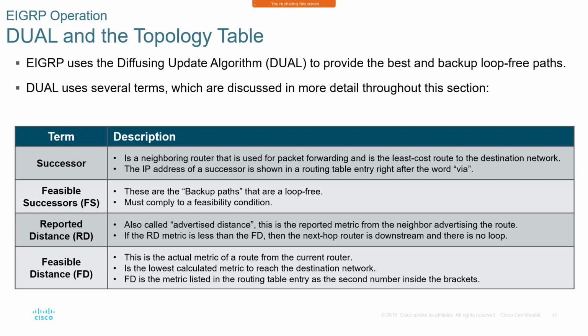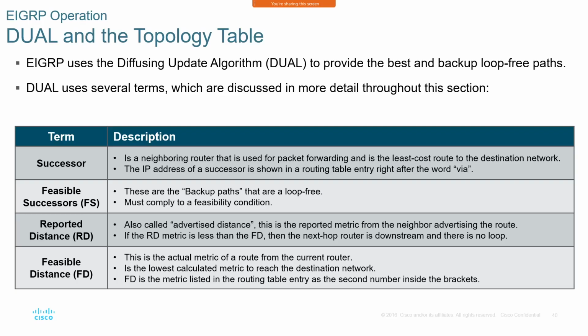We have the successor, which is a neighboring router that is used for packet forwarding, and it's the best choice based on the metric. Once the topology table is calculated and a metric is found for all the paths to reach a network, EIGRP will consider one route to be the successor route. In other words, the best route.